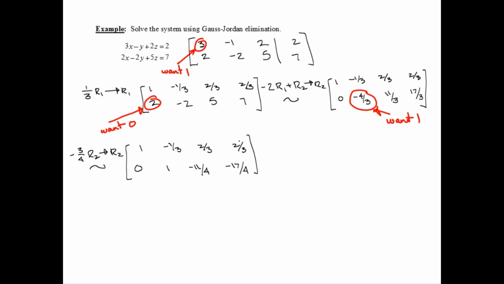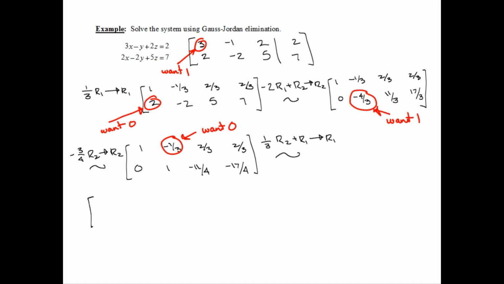Now we need to get a 0 in the second column right here. So we are going to take the opposite of that number, which will be positive 1/3, multiply it by the row with the leading 1, which is actually row 2, add it to the row we're working with, and then back into that first row.